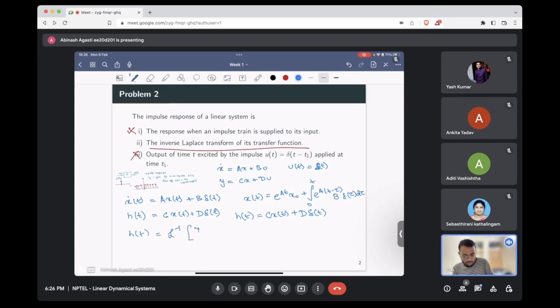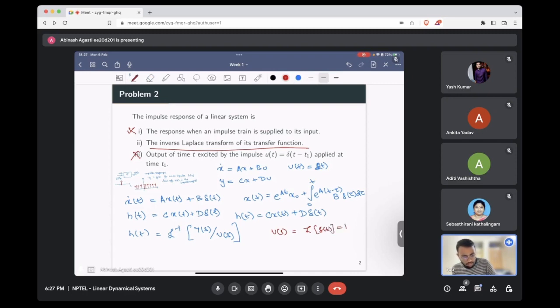Well, you know that the transfer function is given by y of s, where y is the output, by u of s, where u is the input. And in this case, it's quite direct, in the sense that u of s is just the Laplace transform of delta.